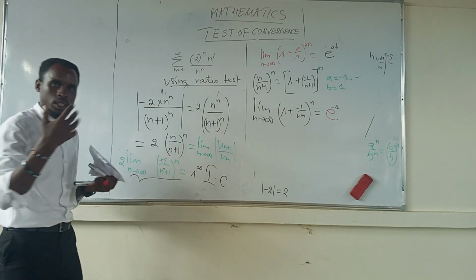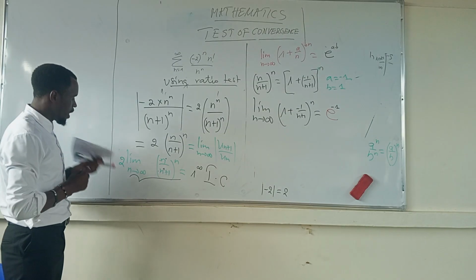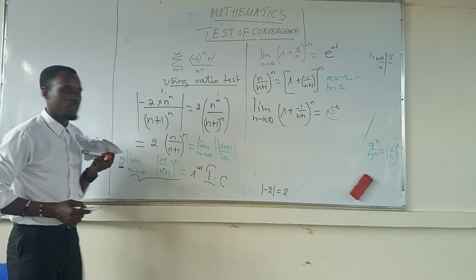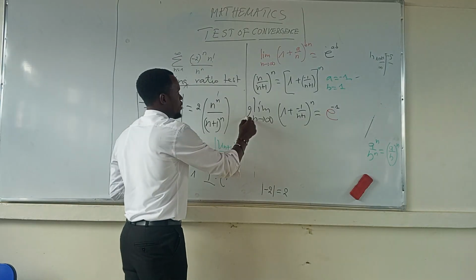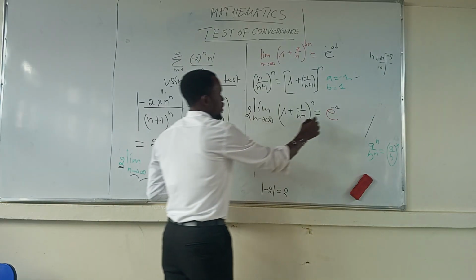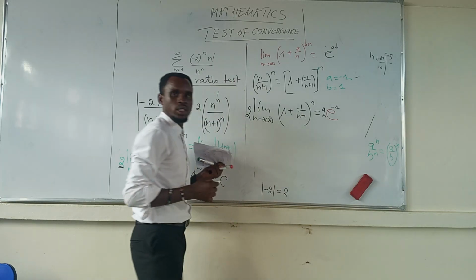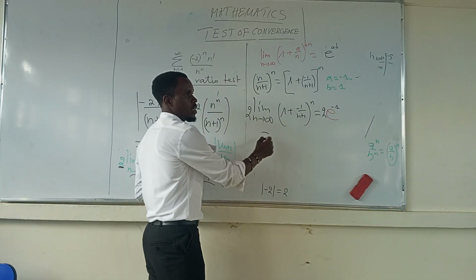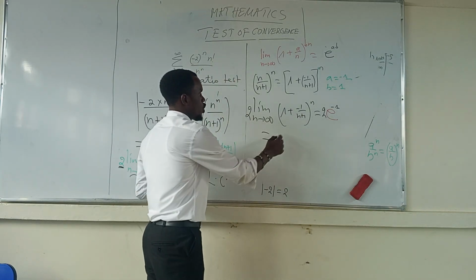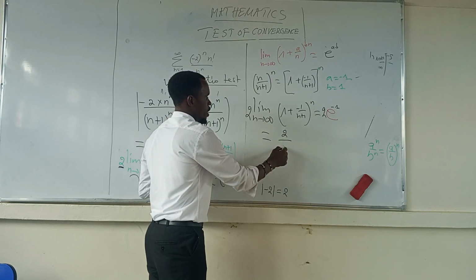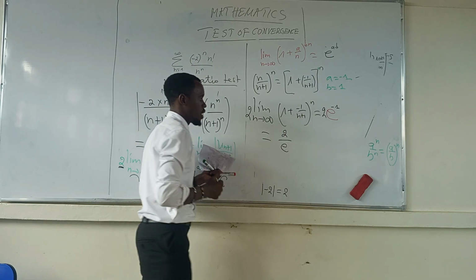And remember that at the beginning we had 2 here, which means I have to add my 2 here, which is going to come to the result. The answer is going just to be 2 over e.